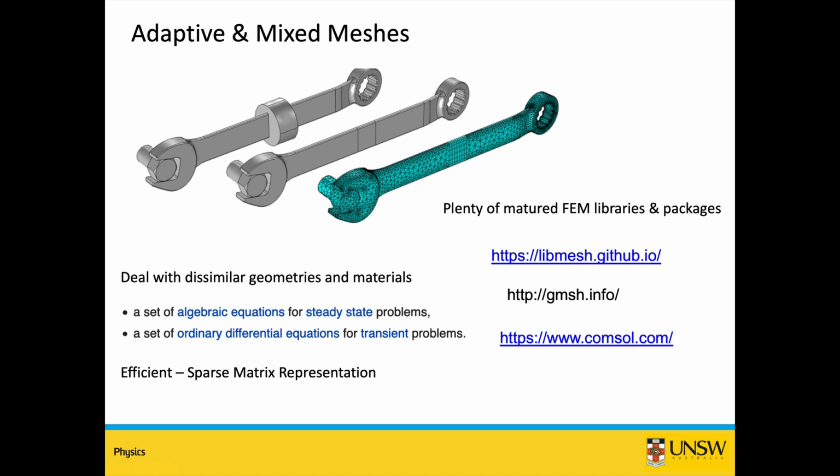The matrices are also sparse, and you can easily solve them. And if you have transient problems that depend on the derivative of time, for example, then you can use the same method, but in that case you have a set of ordinary differential equations that you have to solve.